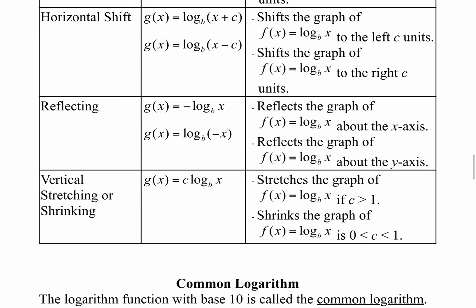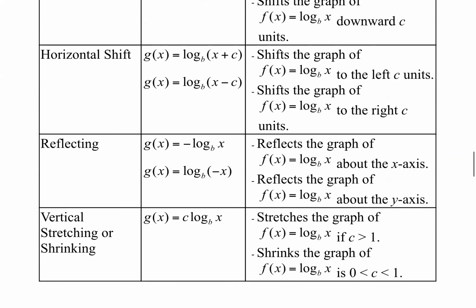And then we've got vertical shrinking or stretching, which is that number in front of the log. Just like if you had 1/2 x squared, it gets a little wider, and it does the same thing with logs. So it stretches if that c is greater than 1, and it shrinks or flattens out a little more if it's between 0 and 1.